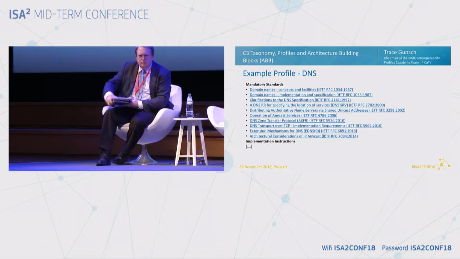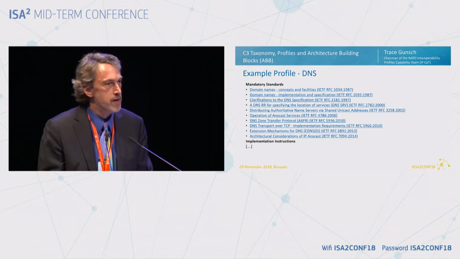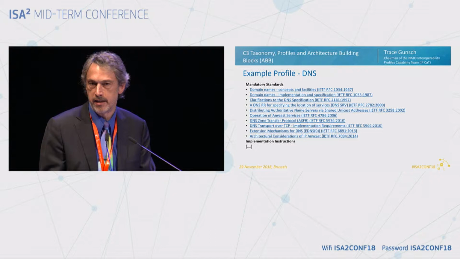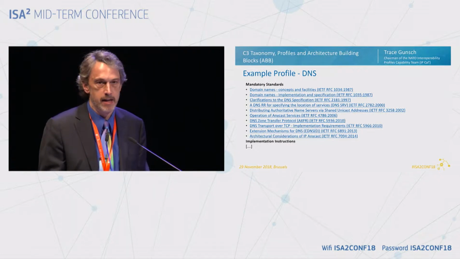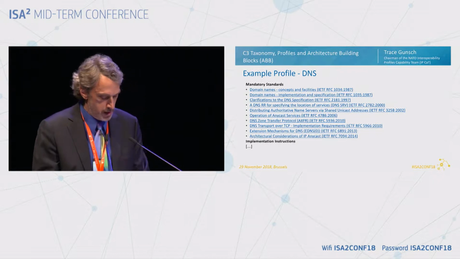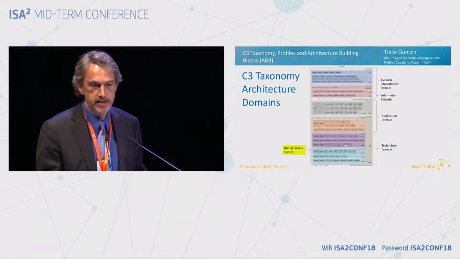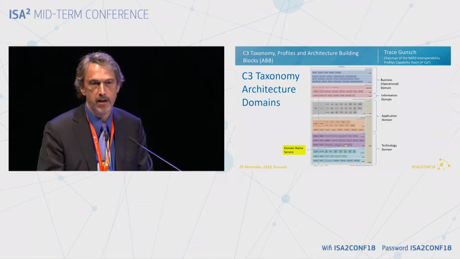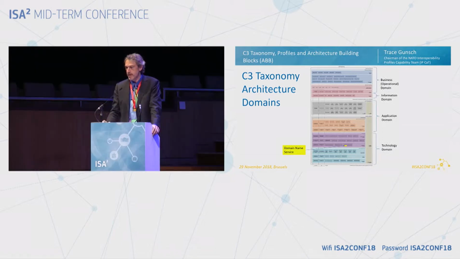But then we also included different implementation instructions for how we're going to use this DNS, maybe in a mobile environment or in a temporary command center. Once we establish that profile, we place it back on the same taxonomy, and it shows up here in the infrastructure layer of our technical domain.